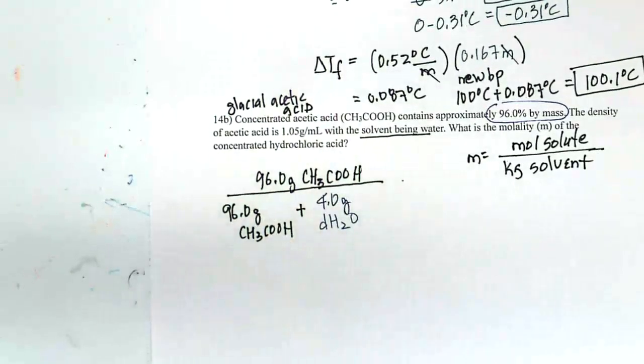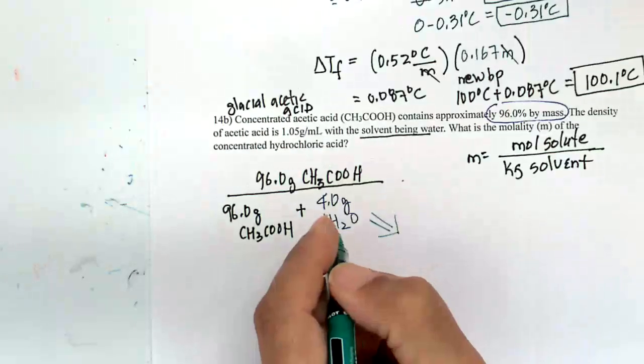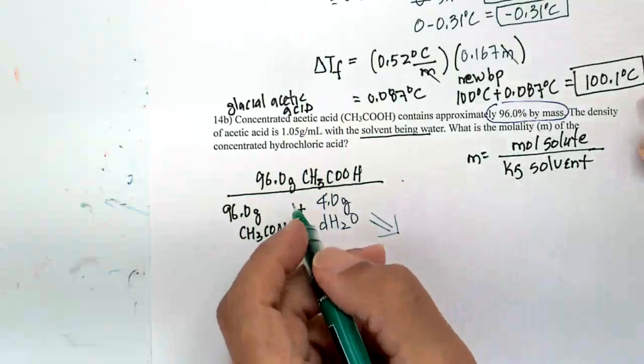So what is our solvent? Our solvent will be water. And let's go ahead and convert that to kilograms. How many kilograms of solvent will this be? We will move the decimal place 3 to the left.